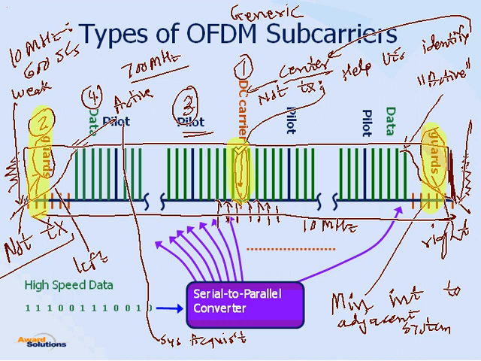Some student mentioned PN offset. So that's how we identify a sector or a cell. In LTE, we will have cell ID, different cell IDs, and the reference signals. Okay, pilot is formally called a reference signal in LTE.